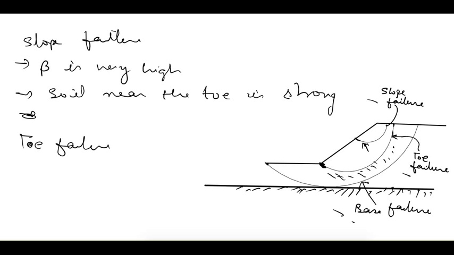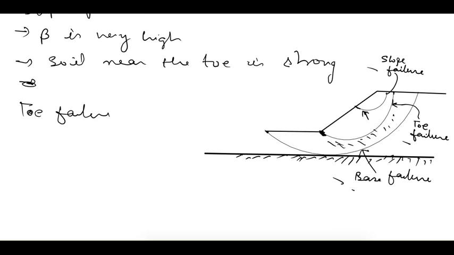In this case, if the soil below the toe and above the toe is homogeneous, then toe failure will happen. Apart from this, in steep slopes generally, and this is the most common mode of failure.